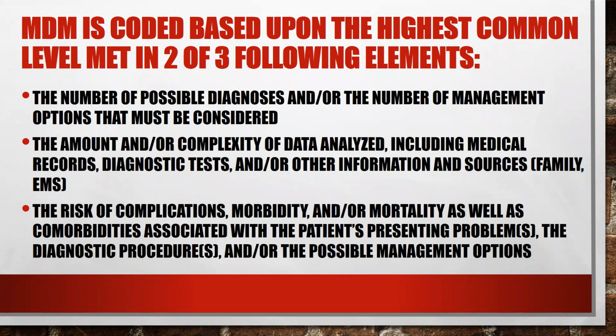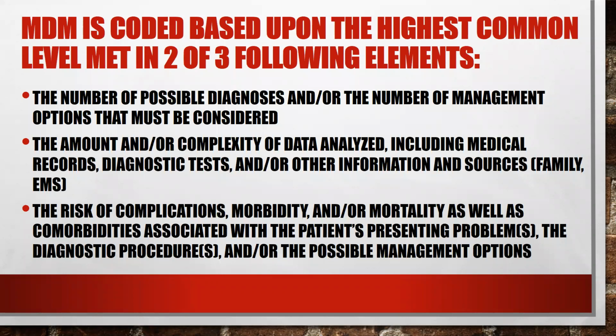And so when they're scoring here, I'll read this because it's kind of blocked. MDM is coded based upon the 2 out of the 3 highest or most common elements, and these are the 3 different elements of your MDM. The first is the number of possible diagnoses and/or the number of management options that you had to consider when taking care of that patient.